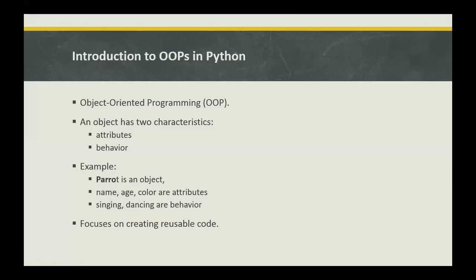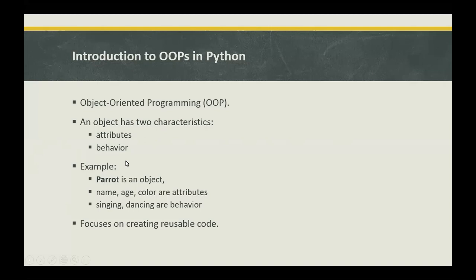So in the last lecture, we discussed the object-oriented OOP concept, in which we saw that mainly in OOP there are classes and objects. We discussed that an object has two characteristics: one is attributes, and the second is behavior.